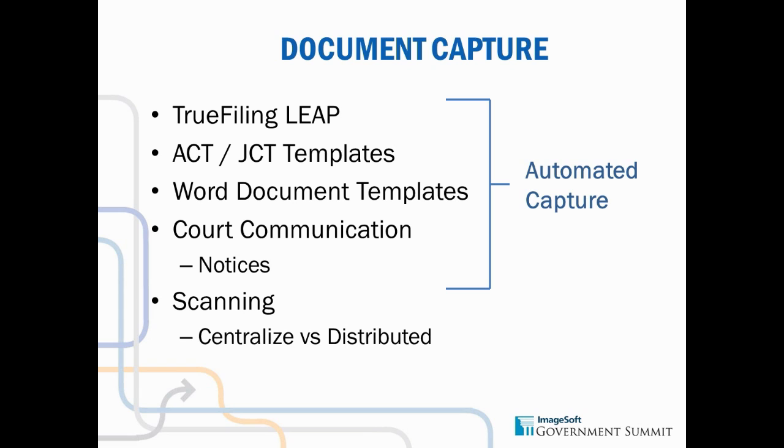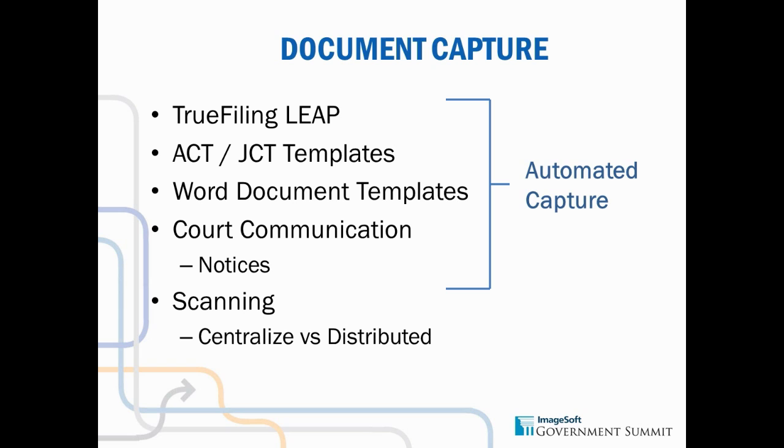And with the tagging, and again, I give credit to Renee here, not only the ACT, JCT documents, Word documents, with that little 3-character tag, once you produce that in ACT, for instance, or a Word document, it automatically comes into the system. It's virtual printed, and it's indexed, and it's right in the case file. So it's a huge saving. You don't have to print out a document, scan it, and index it. That's a big savings.